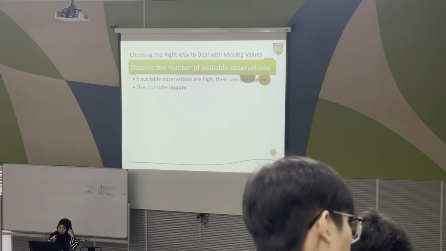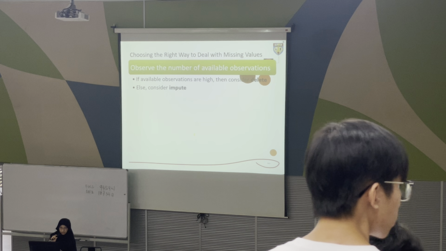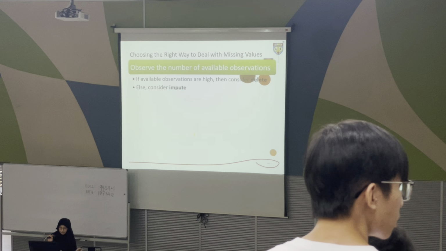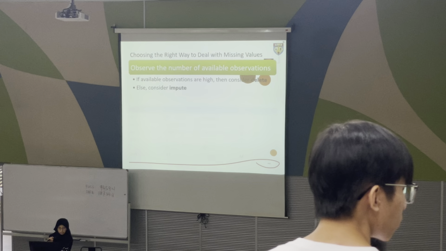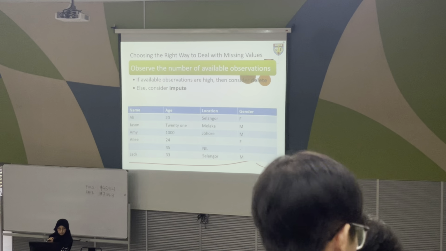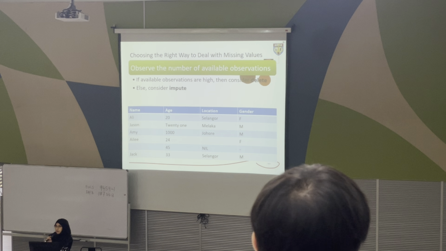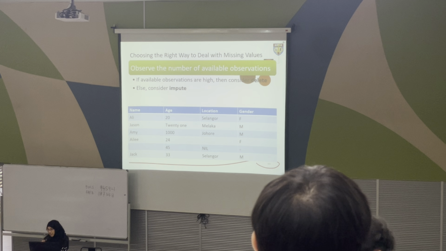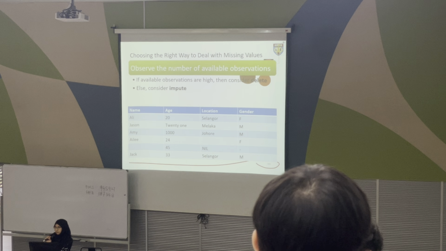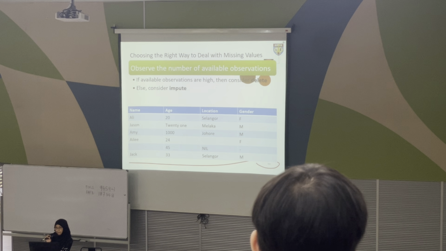Okay, and then choosing the right way to deal with missing values. This one is based on your understanding. Assuming that you want to identify the diabetes patient as type 1 and type 2, maybe you can interview the experts in diabetes.